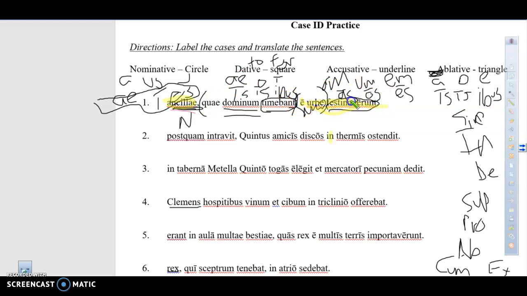That's the main sentence. It's just this relative clause starting with quae that is telling you more information about the slave girls. Which slave girls? All of them? No. The slave girls who were afraid of the master. That's all this relative clause is. Okay, let's do number 2. Take a moment, pause the video, mark it, and then come back and check yourself.